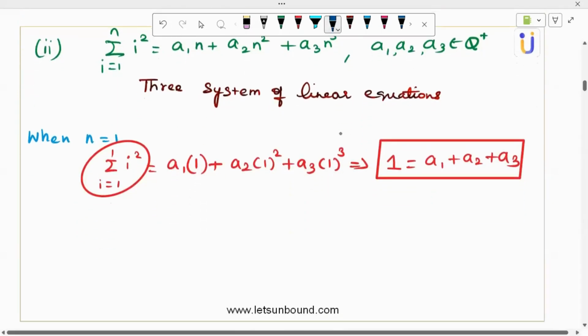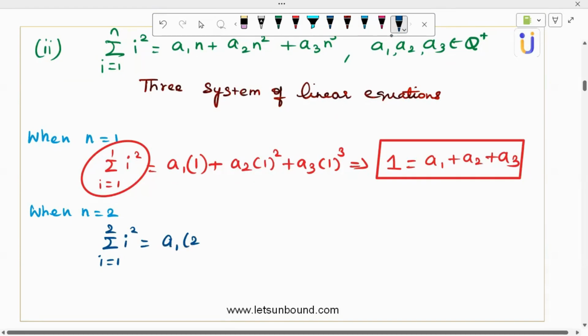And when n is equal to 2, sigma i equals 1 to 2 i square, and this side will become a1 2, a2 2 square, and a3 2 cubed.